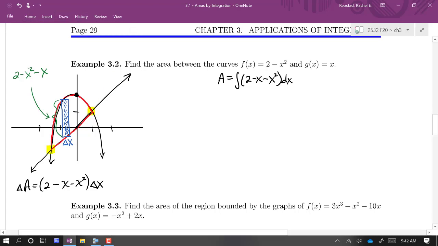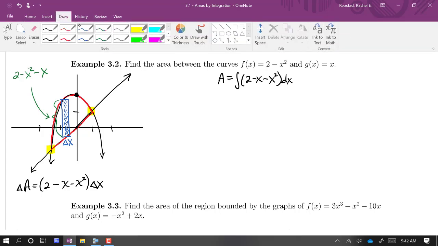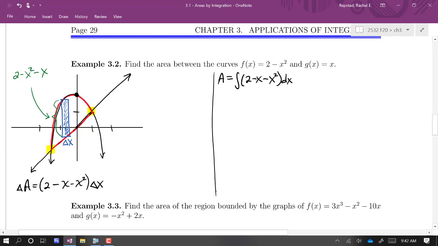Maybe you've already had that notion as you considered this problem initially. So for the limits, we're going to have to find those intersections. We're just going to set these curves equal to each other. x is equal to 2 minus x squared. If I get all of my terms on one side, we have x squared plus x minus 2 equals 0.